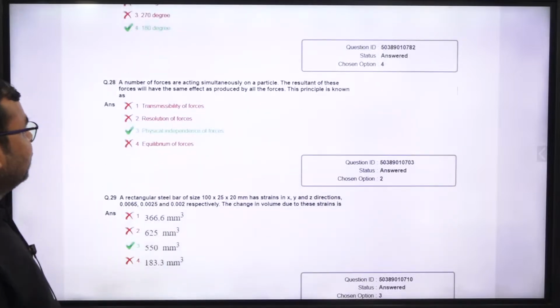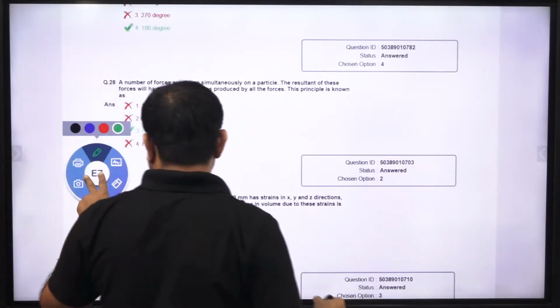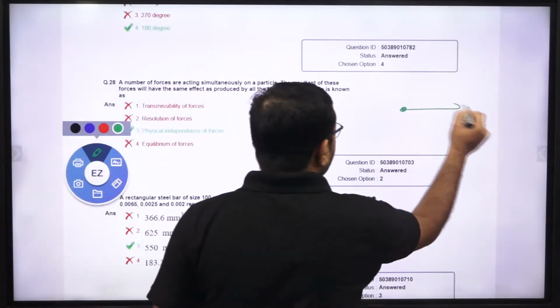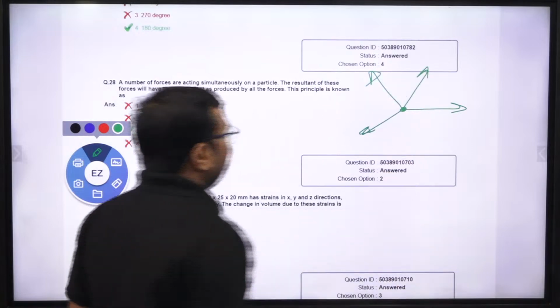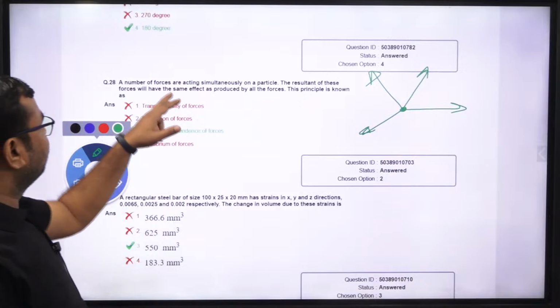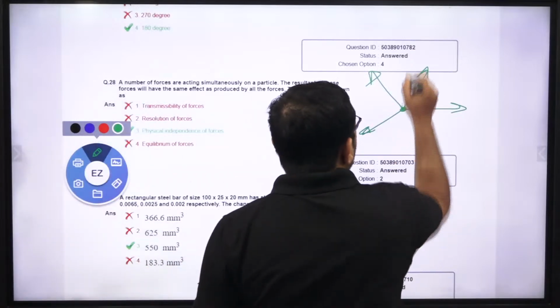A number of forces are acting simultaneously on a particle. Let's say, suppose you have a particle, and on this particle we have one force here, another force here, one force here, one force here, like this. The resultant of these forces, let's say, acts somewhere here.